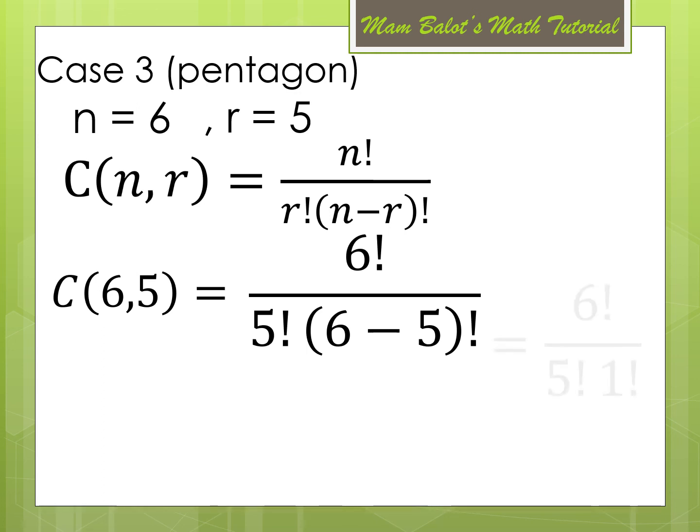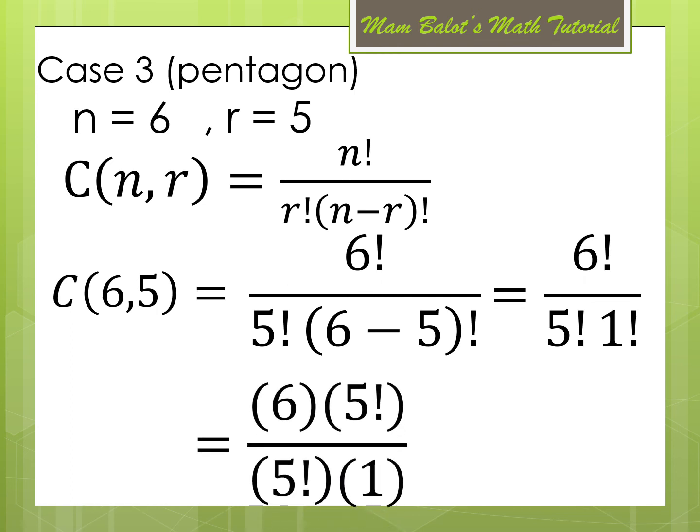Subtracting 6 minus 5, we have 1 factorial. Then we expand the numerator, so we have 6 times 5 factorial. So we now cancel out 5 factorial also in the denominator. So what's left there is 6. So we can only form 6 kinds of pentagons from 6 different points.